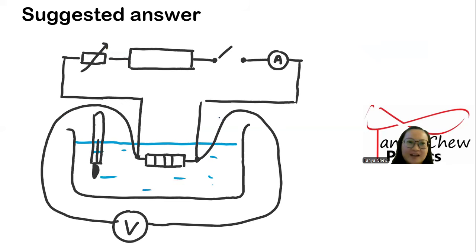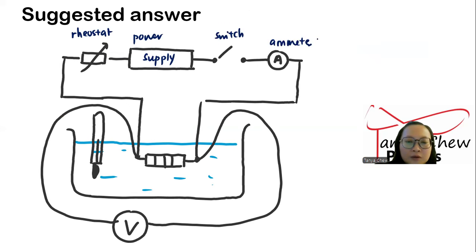That's all, right? So suggested answer is that I just draw in the diagram without labeling. I couldn't possibly gain the mark, right? So I'm going to write down, this is rheostat. This is power supply. Switch, ammeter, water, heater.